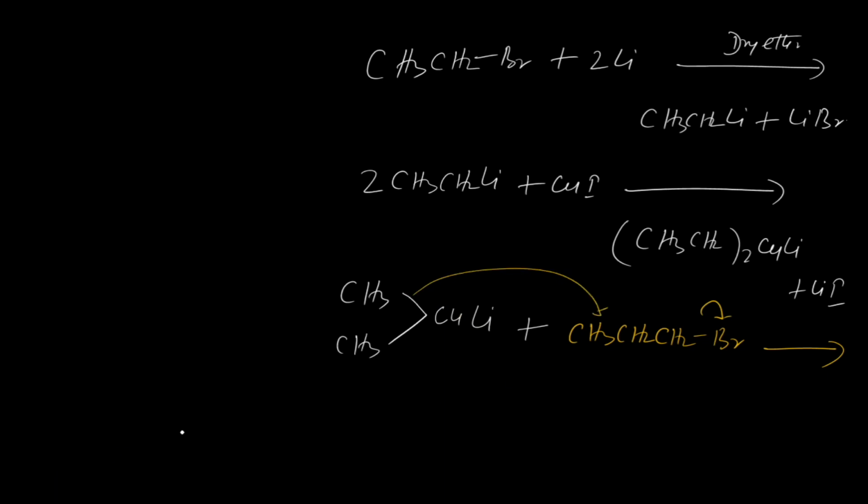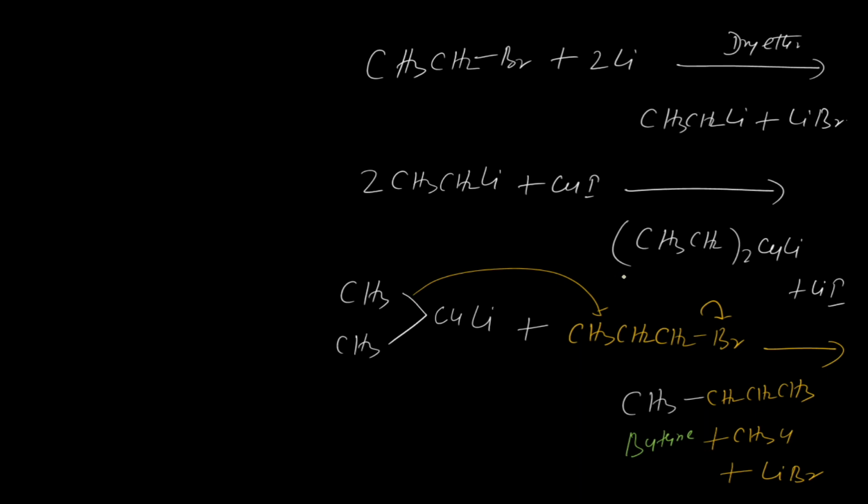So your product will be CH3CH2CH2CH3 plus CH3CH2Cu plus LiBr. So this is 1, 2, 3, 4 carbon, that is butane formed. So this is your butane.